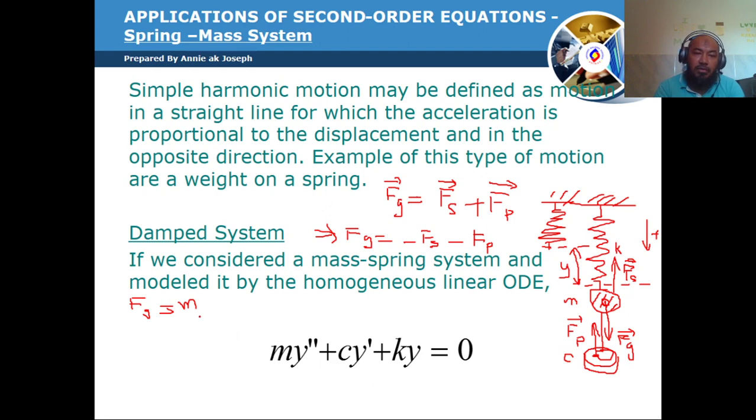Okay, so Fg equals m multiplied by the acceleration, and then we have Fs, which is the force induced by the spring. It will be equal to K.